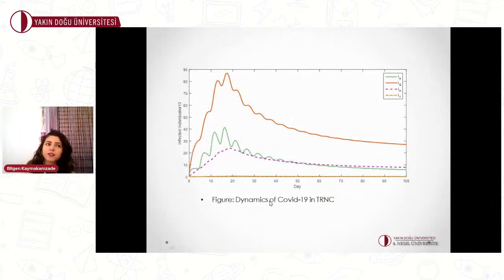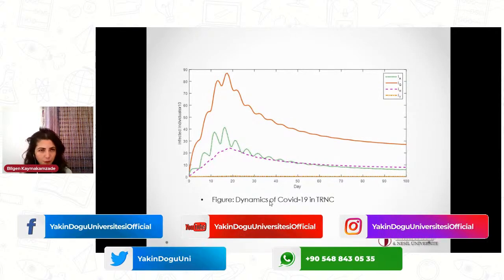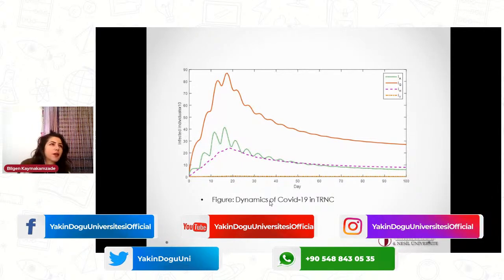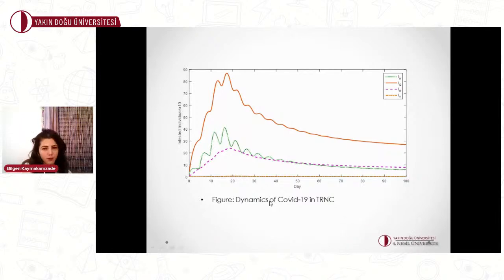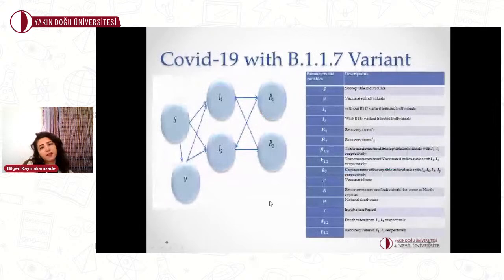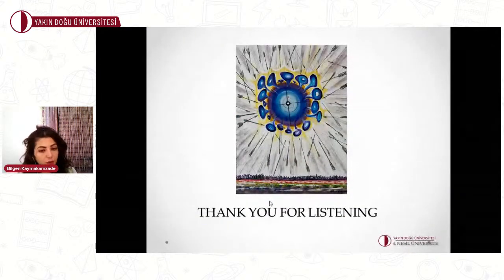But if we change our conditions, we can't say anything. But if we don't change, we are expecting that infected persons will be around 400. And this is what I wanted to explain to you. Thank you for listening to me.